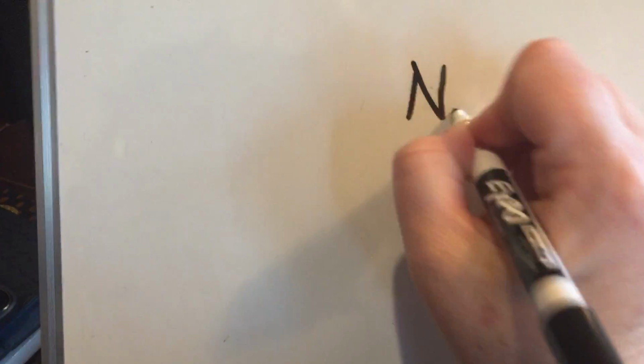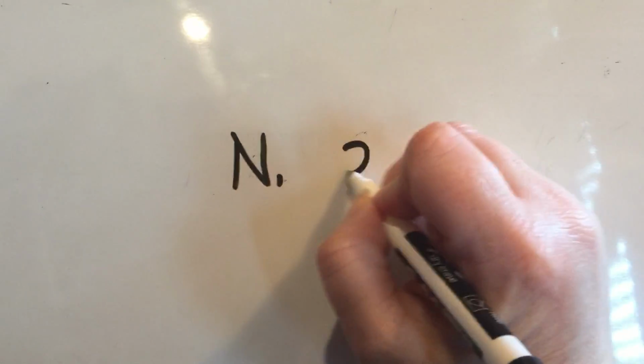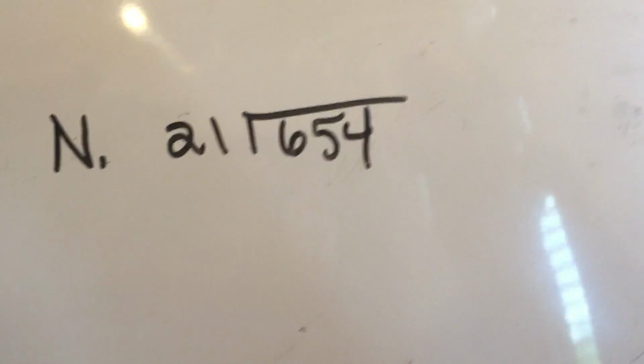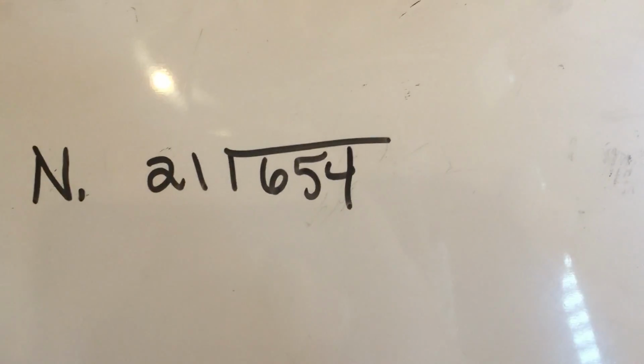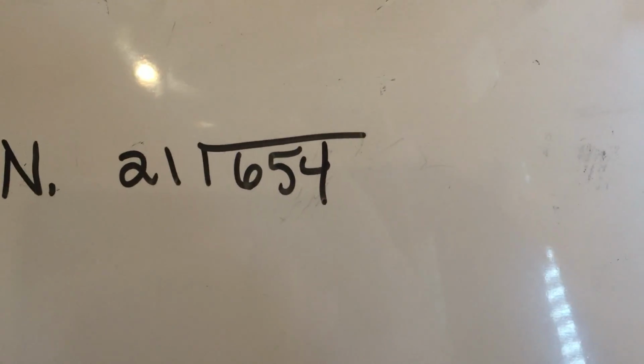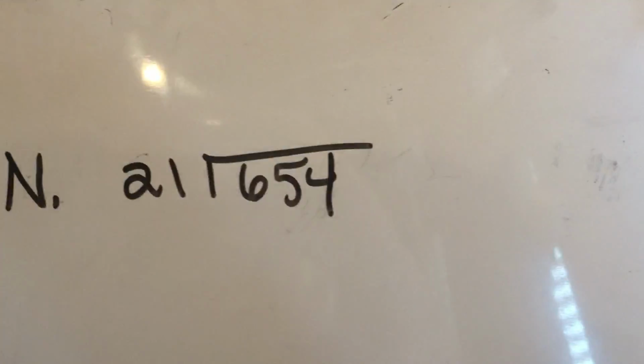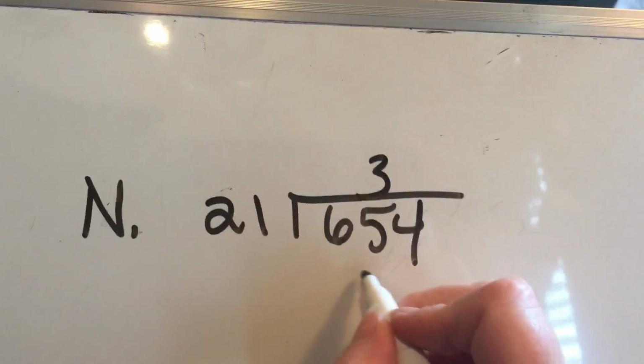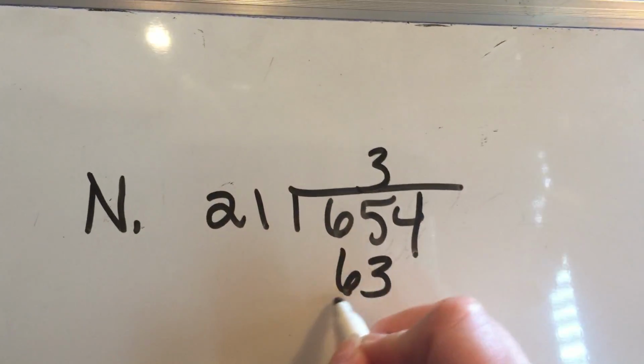N. N says 654 divided by 21. 2 will go into 6 3 times, so 21 should go into 65 3 times. 3 times 21 is 63.